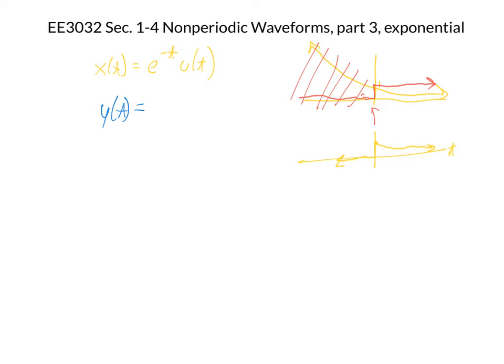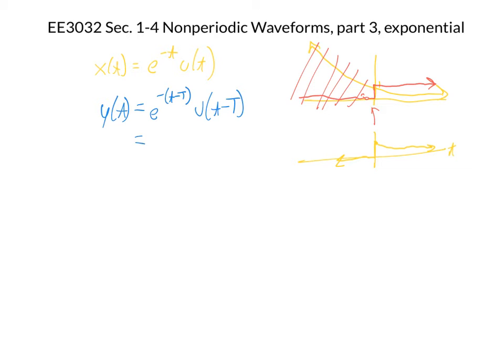To generalize it a bit, we can do a time delay. So I could replace all the t's with t minus capital T. So I can take this t, that would be right here inside these parentheses, and I replace that with t minus capital T. And I do the same for the unit step.